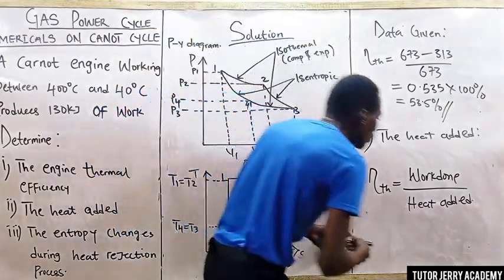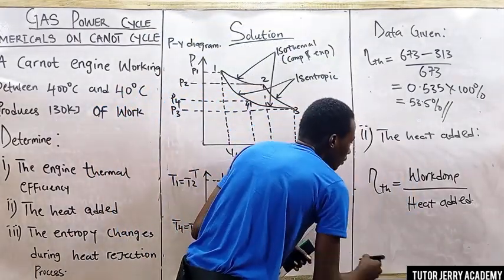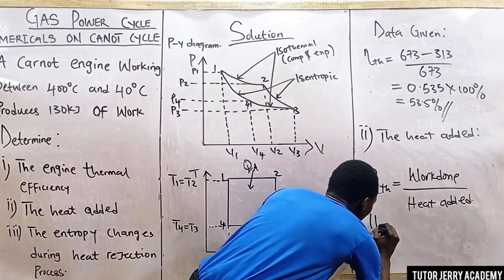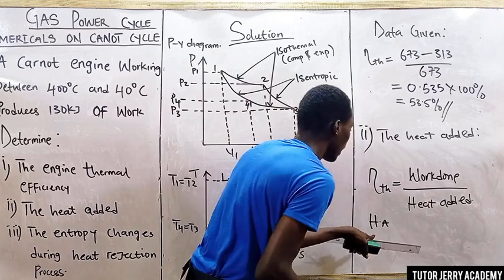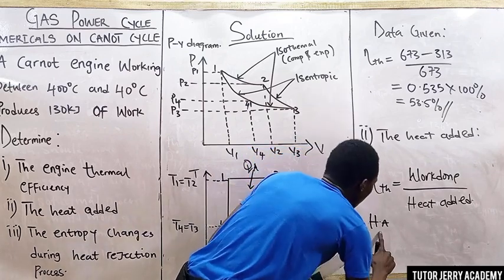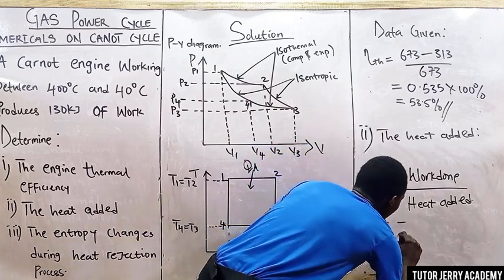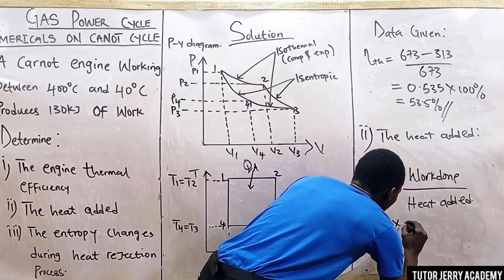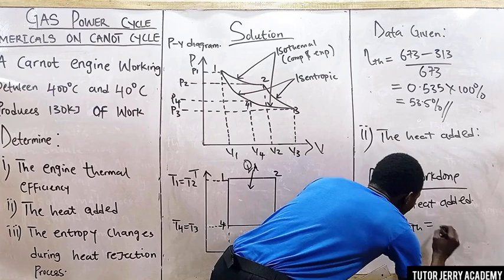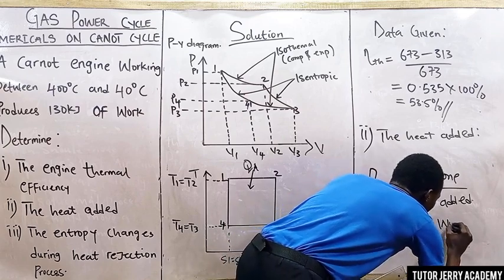So next, we'll make heat added the subject of this relation. I'm going to be denoting heat added with HA. So I have HA multiplied by my efficiency to be equal to work done.